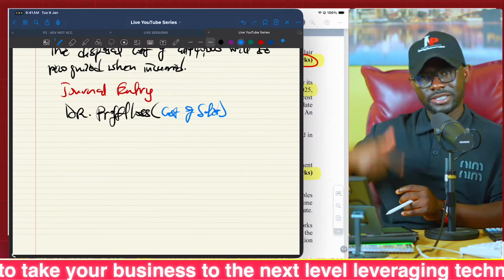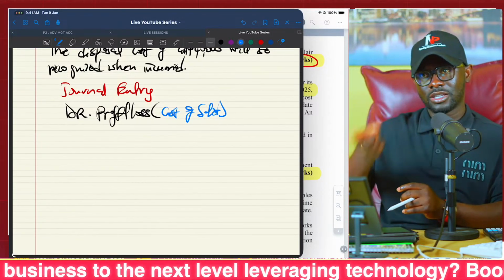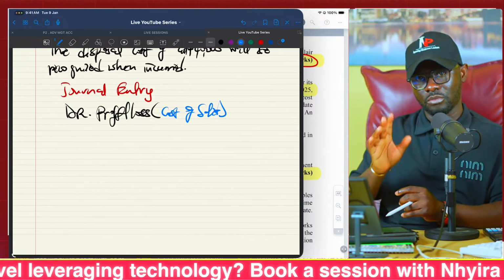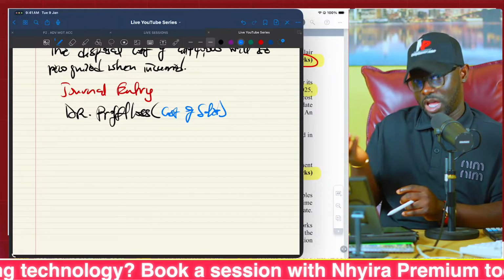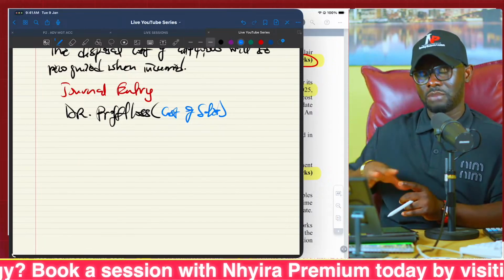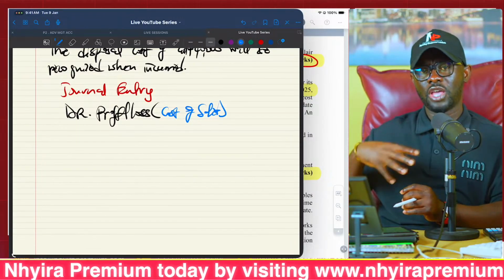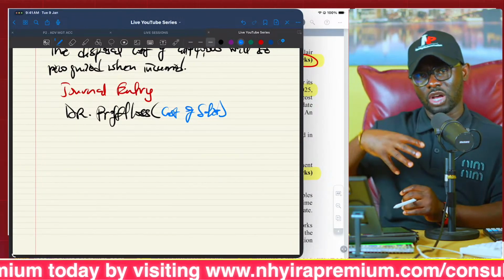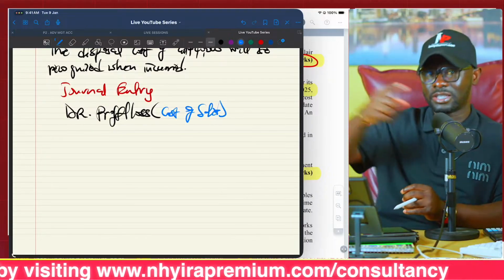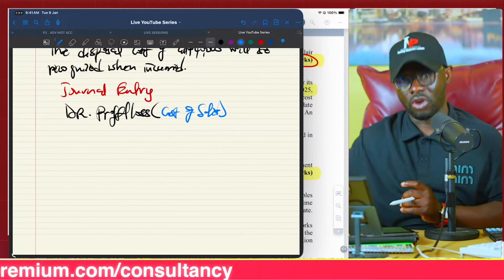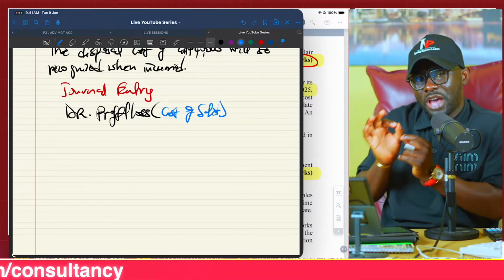Because if you miss that, then your cost of sales figure is going to be wrong. Your gross profit figure is going to be wrong, and you're going to lose a significant amount of ticks. And if it comes to evaluation of financial statements, where you are making those adjustments to calculate some ratios, your adjustment will be wrong, and then the ratios you calculate will also be wrong. So that's why you have to be careful here.